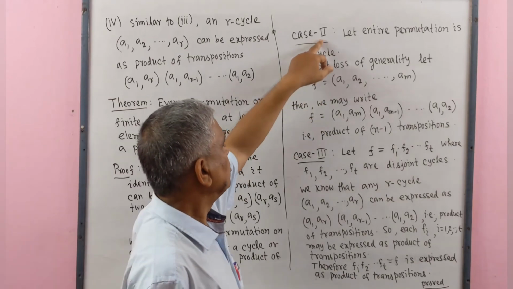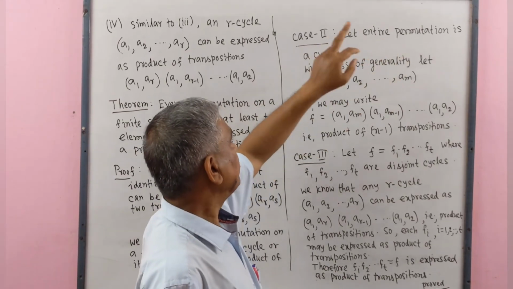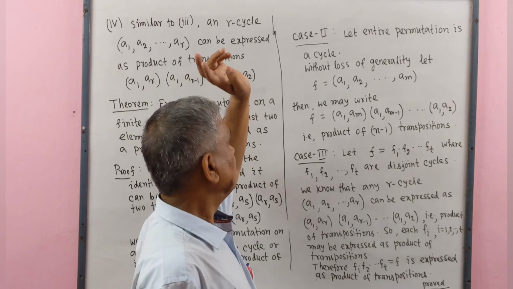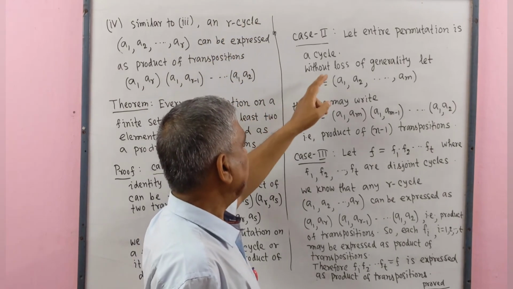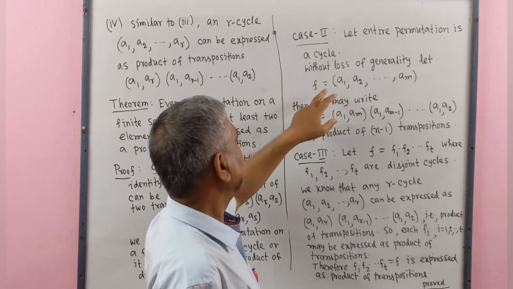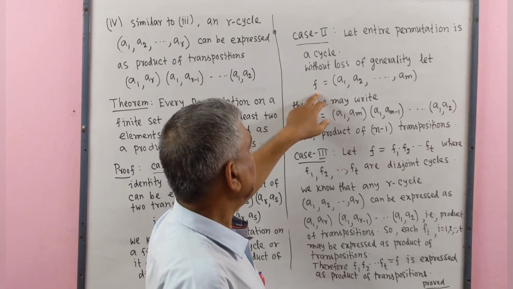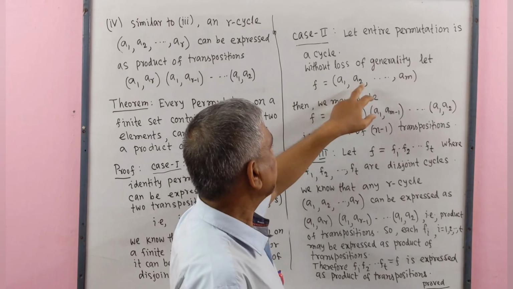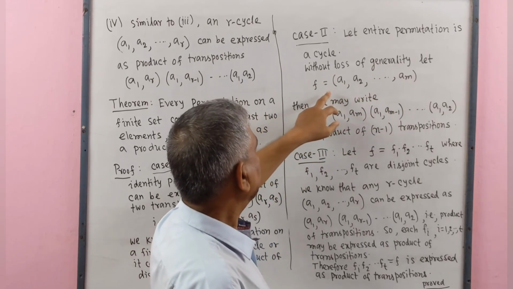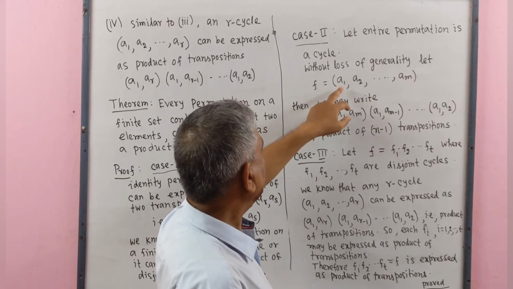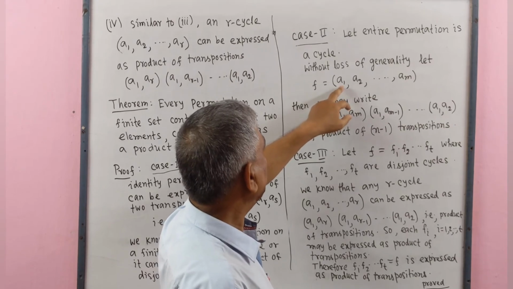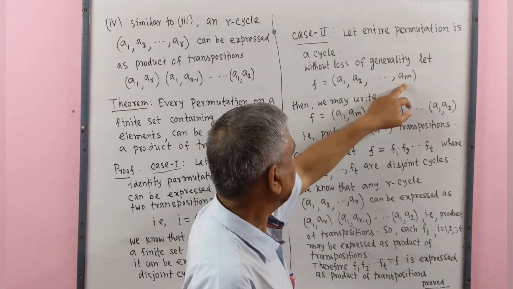In case 2, let entire permutation is a cycle. Without loss of generality, let F be a permutation which is of M-cycle. Here cycle is represented as (A1, A2, ..., AM).